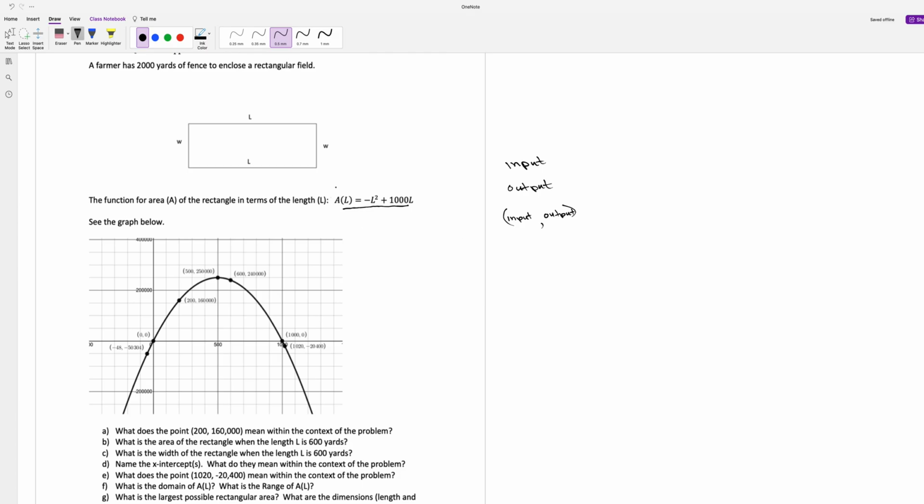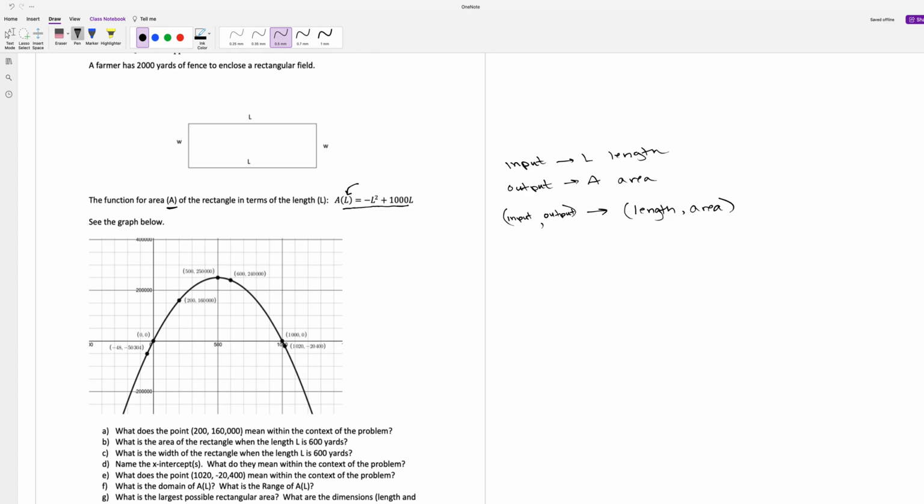Within the context of the problem, L, or length, is our input, and the output is A, the area of the rectangle. So every ordered pair on the graph tells me a specific length and the area of the rectangle associated with that length.